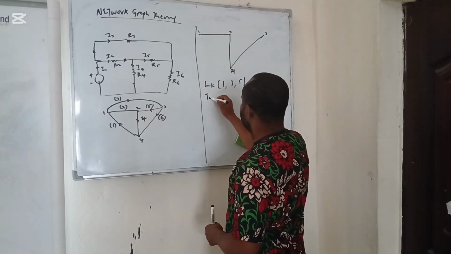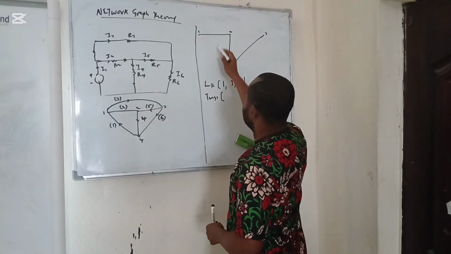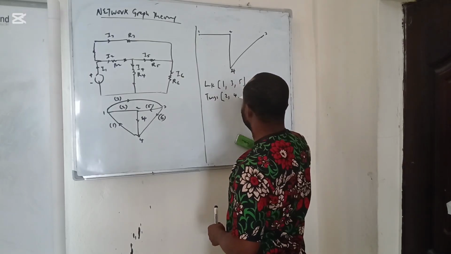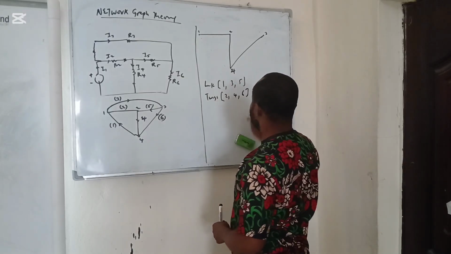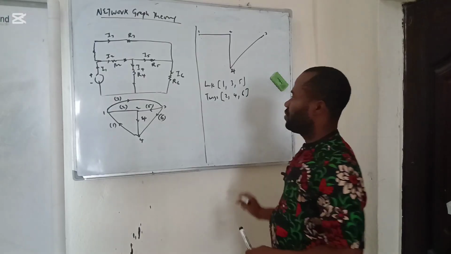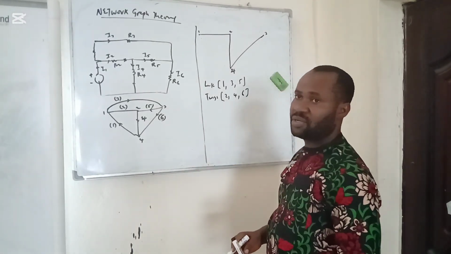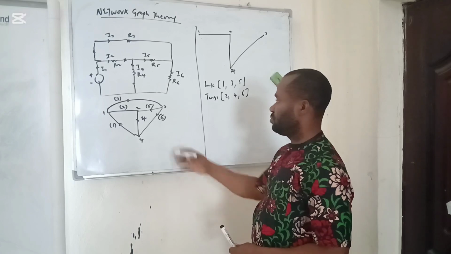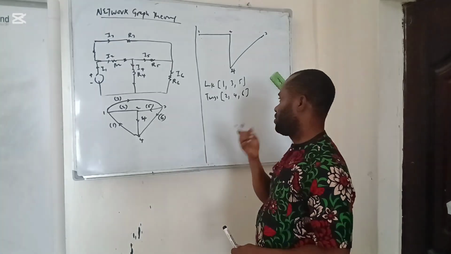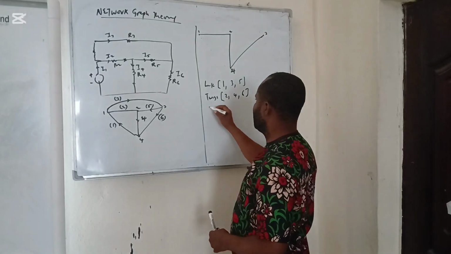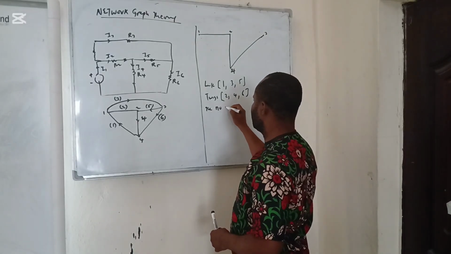And the twigs: we have 2, we have 4, and we also have 6. So we want to find out the number of trees that is possible from this graph.